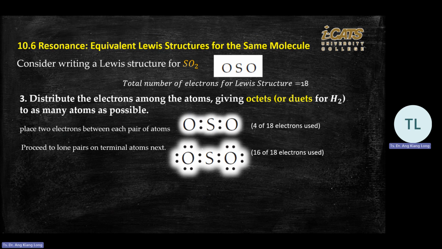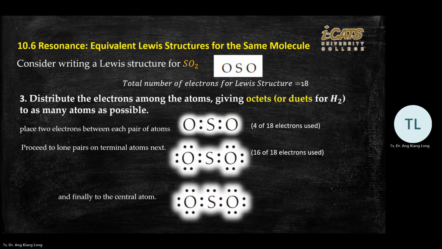So this is the bonding pair. You build the bonding pair, then you go for the lone pair. Then you have another 2. Right? You have another 2. So another 2, you can put in the middle. Usually put in the middle. Right? So this is 18.